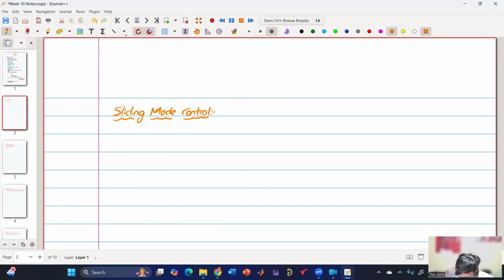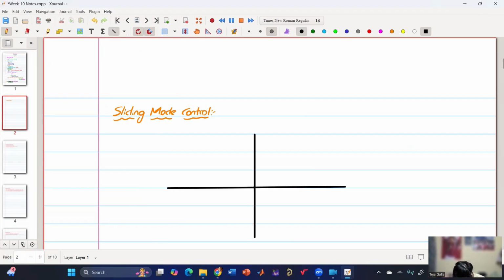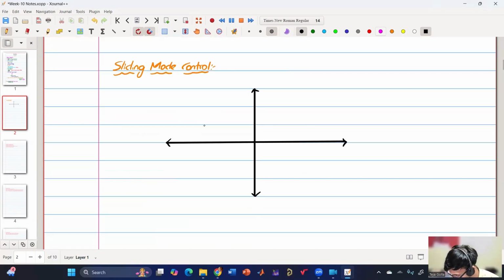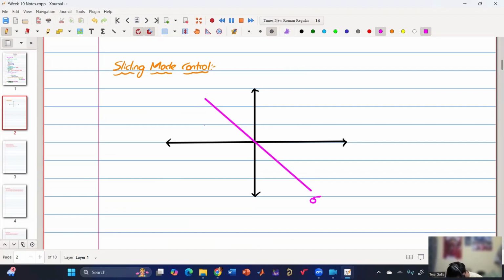If we consider any surface like this, which is sigma equals 0, and say this is my x1 and this is my x2.